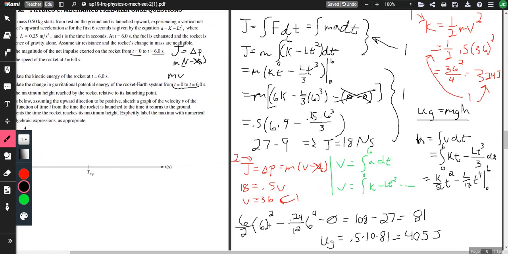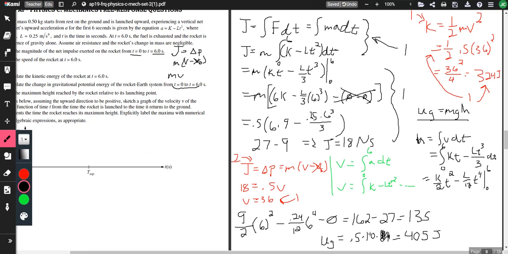Actually, I just realized I made a complete mistake right here. That's a 9. I accidentally looked up here and saw the 6, and I thought that was the k. So let me actually redo this math. 9 times 6 squared divided by 2 minus 27, 135.